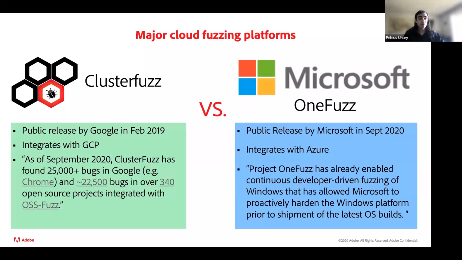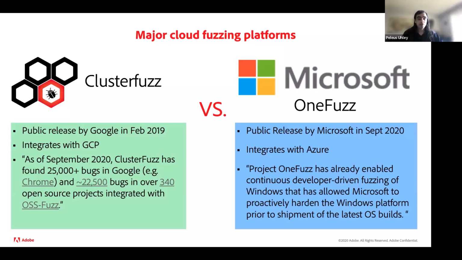And it found over 22,000 bugs in over 340 open source projects integrated with the Open Source Security Fuzzing Initiative, which I'm going to talk about in the next slide. So obviously a very robust tool, very successful tool. They had deployed it internally for years before they released it publicly, and were very successful in tuning it to be able to find these bugs.